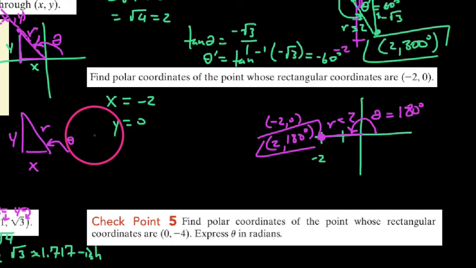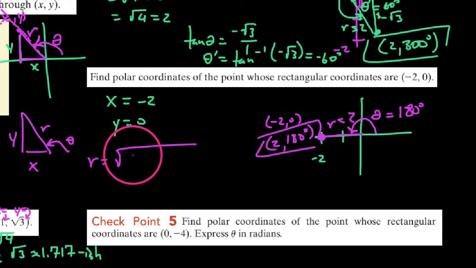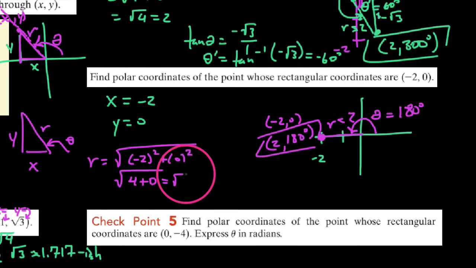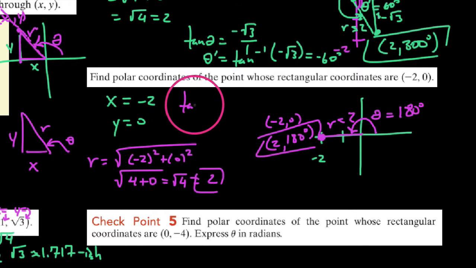Now, could we have used the methods that we used up here? We certainly could have. We could have said r is the square root of x squared plus y squared here. And so we get the square root of 4 plus 0, or the square root of 4, which is equal to 2. And in this case, what is this angle? I suppose we could do tangent of theta is y over x.